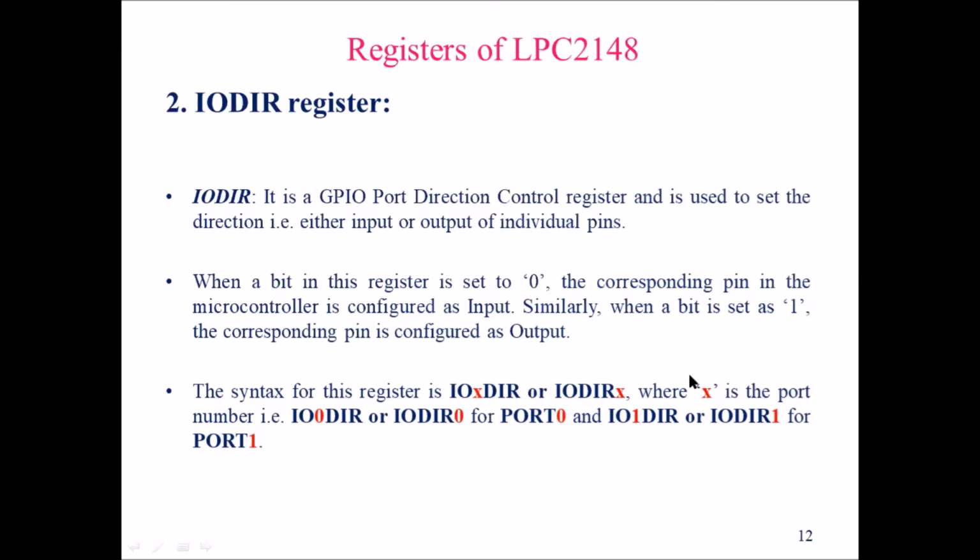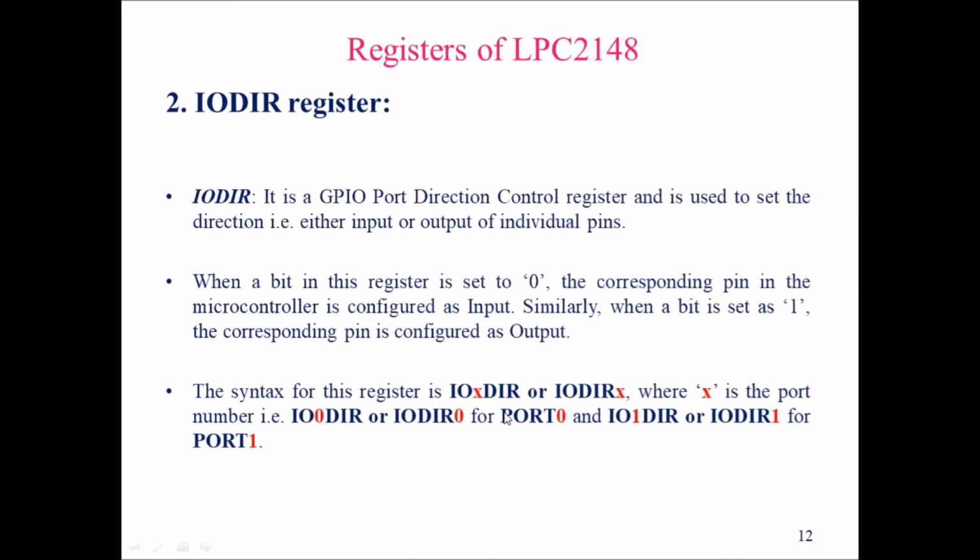The syntax for this register is again IOXDIR, where X stands for the port number, or you can also represent it as IODIR X. You can represent it either way in programming. So that is IO0DIR, IO port 0 direction, or IODIR0 for port 0 pins.